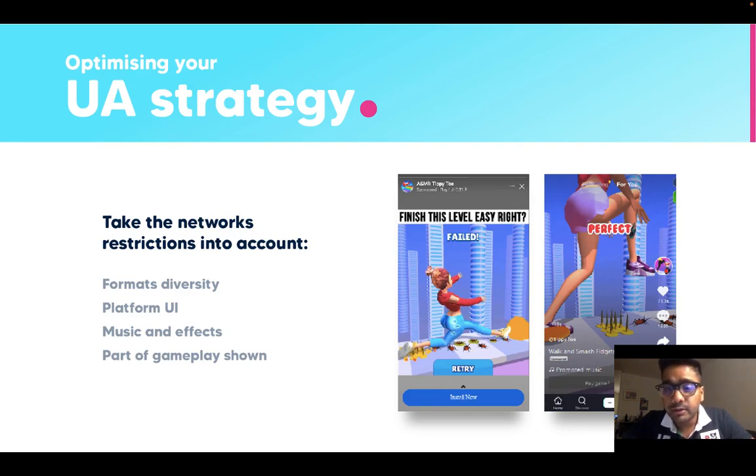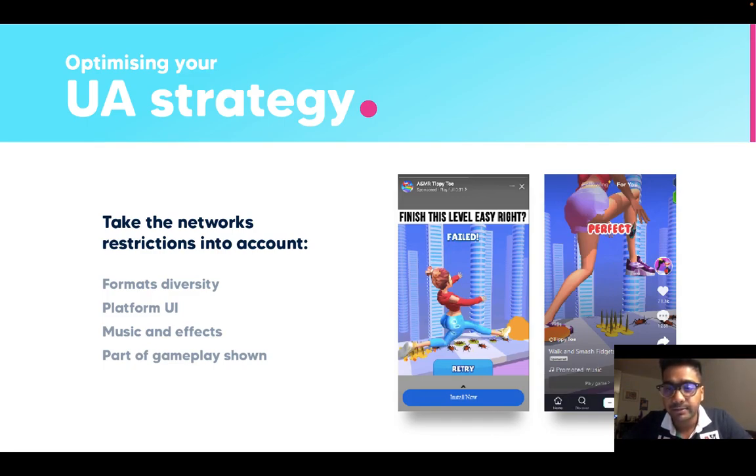It's also very important to make iterations around the best performing creatives to maximize the potential of your scale of the game. For example, if we are seeing a certain trend or certain gameplay performing quite well on the creatives, it's very important for us to make sure we are iterating new concepts around that particular gameplay or that particular trend.